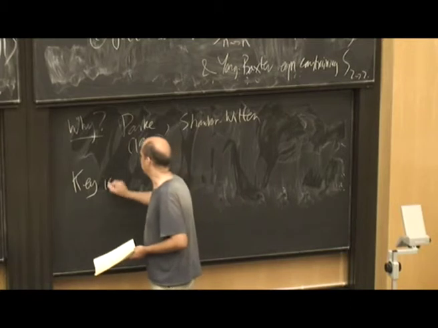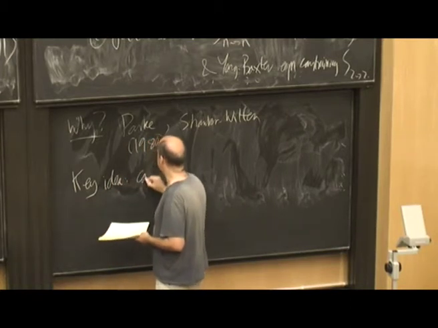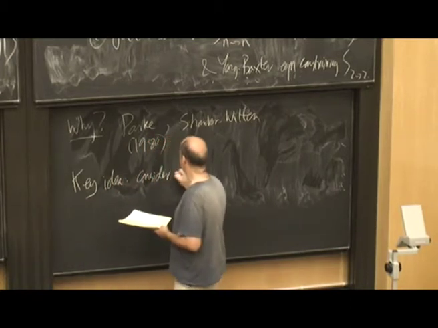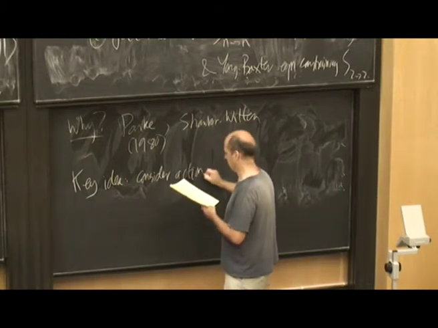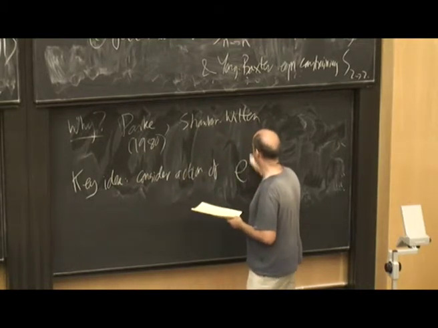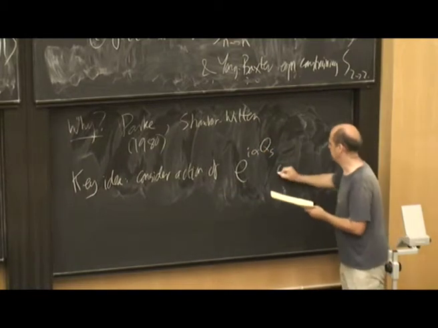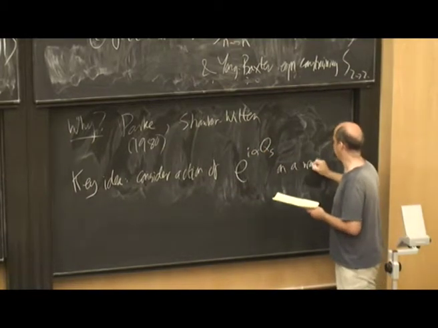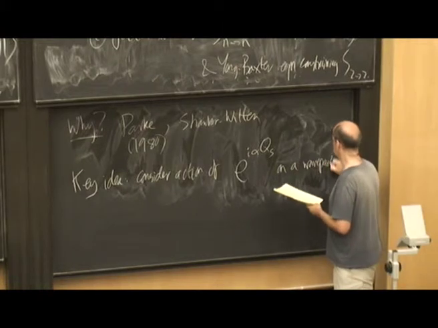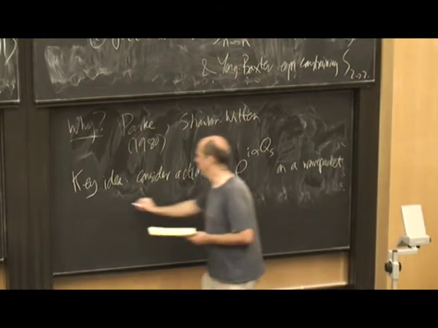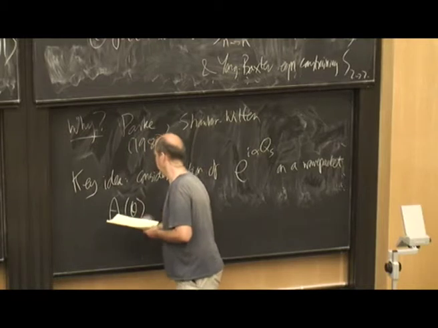So the key idea is to consider the action, let's just write it slightly figuratively, as e to the i alpha Q_s on a wave packet a(theta) with approximate rapidity theta.